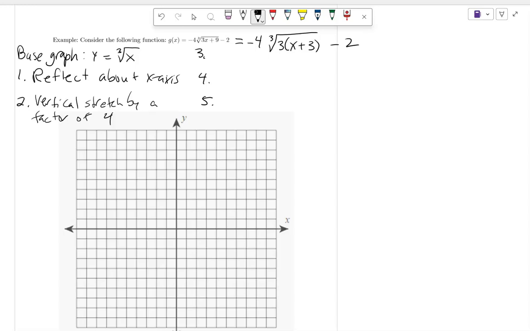How far? 3. Good. I'm going to put that in number 4, and I'm going from left to right here. And then finally, the minus 2 on the end. Shift down. Okay. Are we okay with identifying those 4?